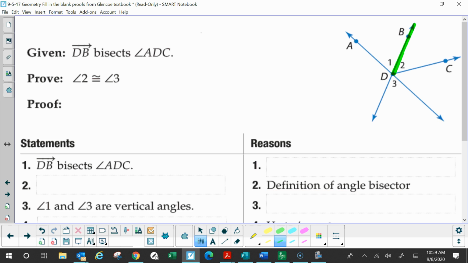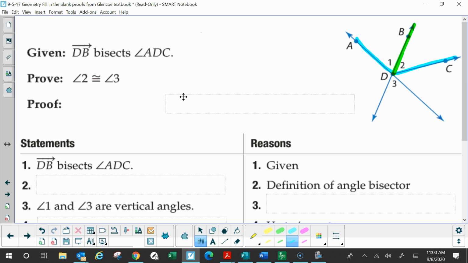This is the angle bisector, DB, and it bisects the angle ADC. So what's our first reason? Good, we'll never miss that. And then it gives you the reason for number 2.